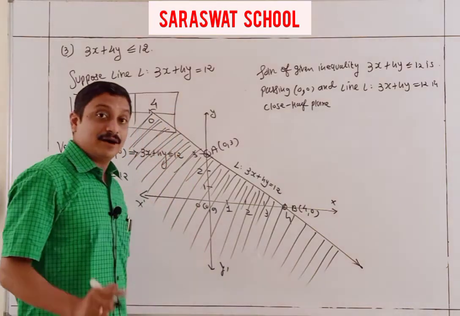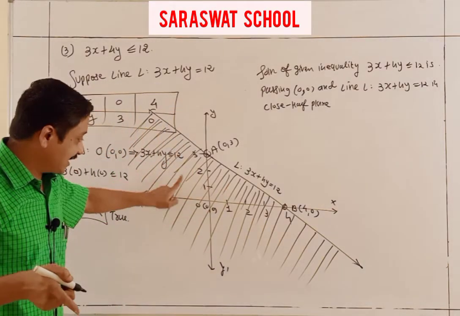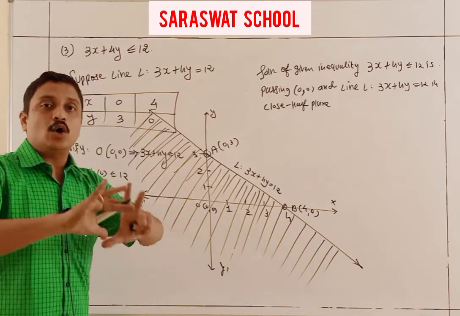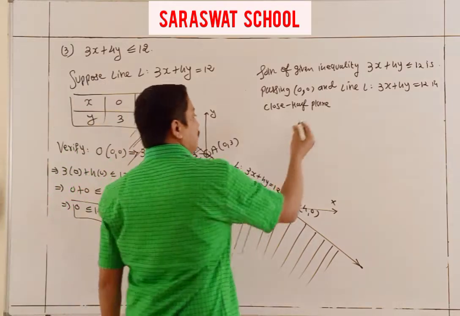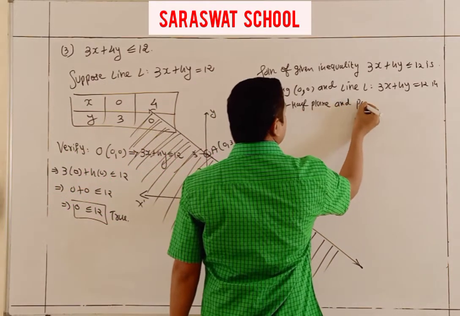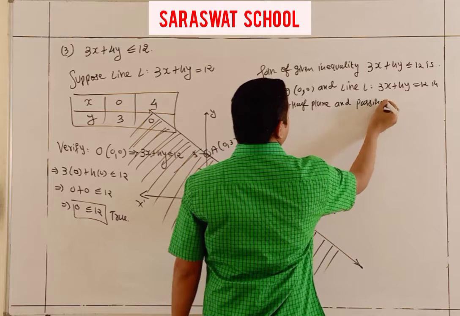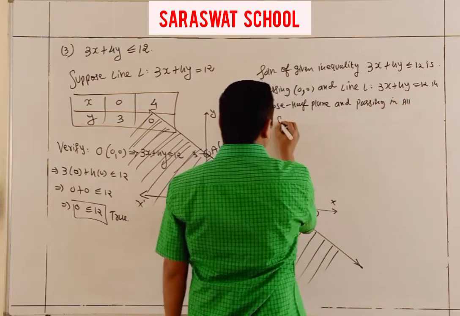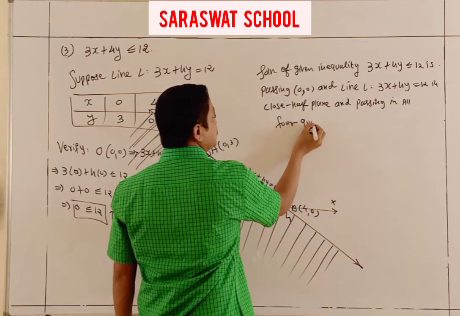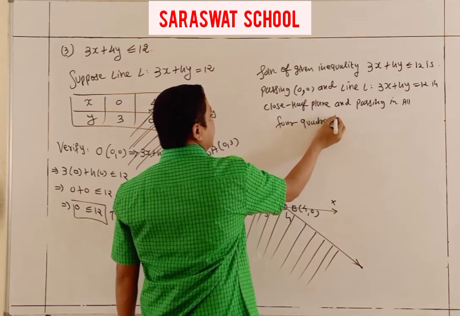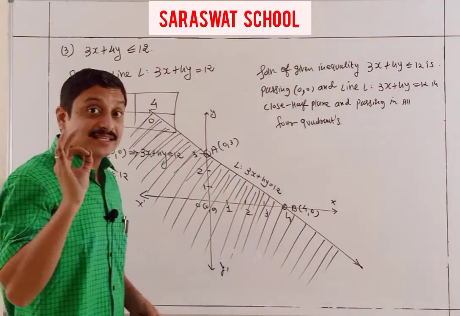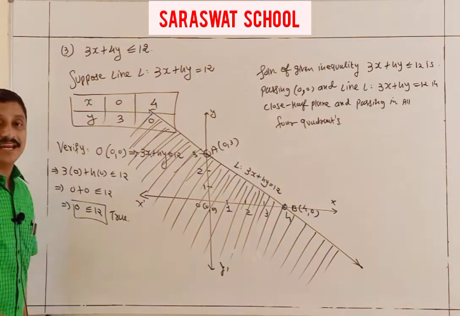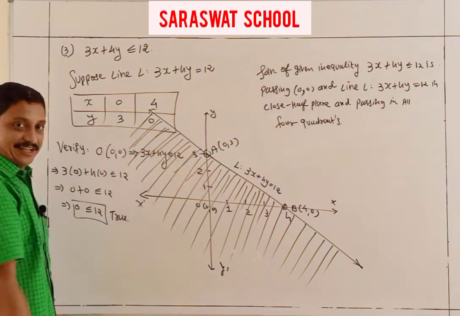And again, in all four quadrants, first, second, third and fourth, the plane and passing through. Again I write down in all four quadrants. And that's your final answer for this inequality, students. I just completed here. Okay.